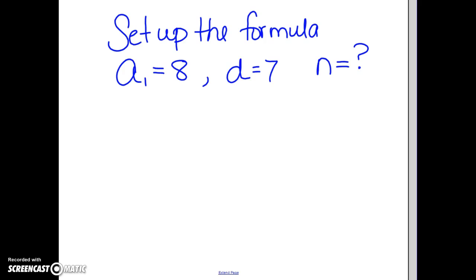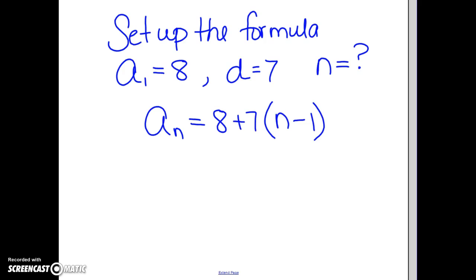When we set this up, this allows us to write the formula for any term when the first term is 8 and our common difference is 7. So when I set up the formula, I know a sub n, the nth term, is equal to 8 plus 7 times n minus 1. And I do need to simplify.